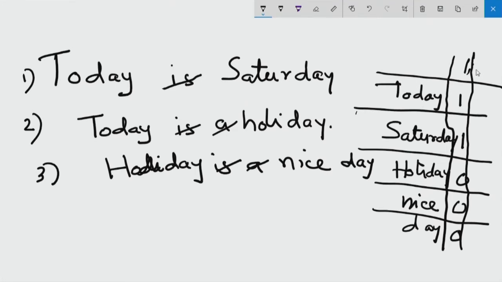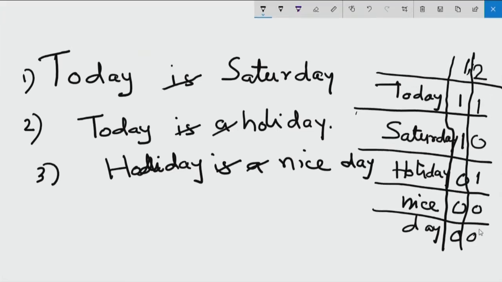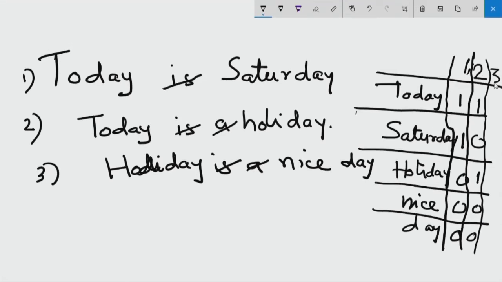Similarly, for the second, today, 1. Saturday, no. Holiday, 1. Nice, 0. Day, 0. Then the third sentence: today, 0. Saturday, 0. Holiday, 1. Nice, 1. Day, 1.